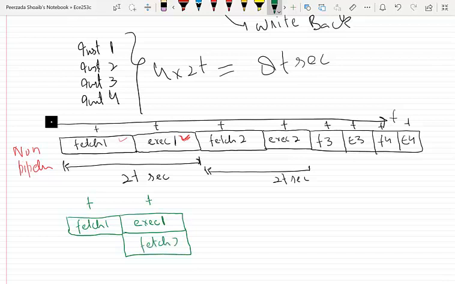Fetch 2, and in the third time interval, in third t seconds, we are now executing this instruction 2. At the same time, I will fetch the third instruction.